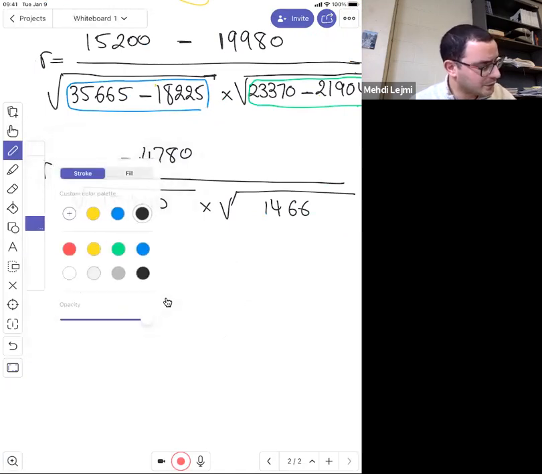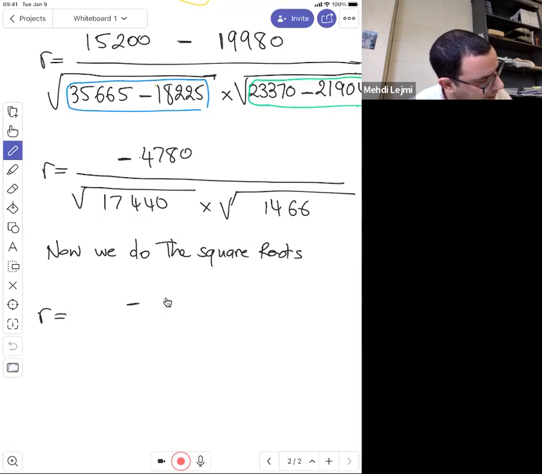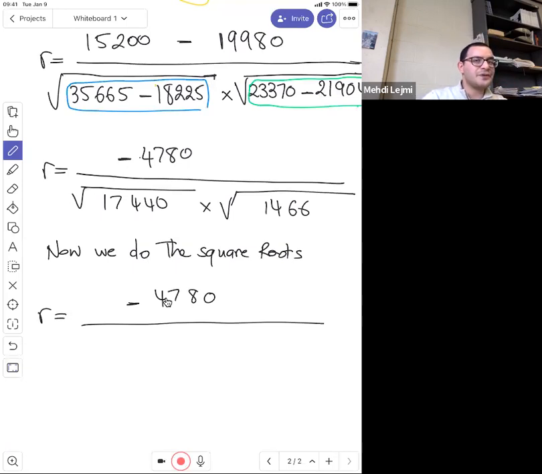All right, now we compute the square roots. So we have this r, which is negative 4,780 over, and then we do the square root of the first number, the square root of 17,440.